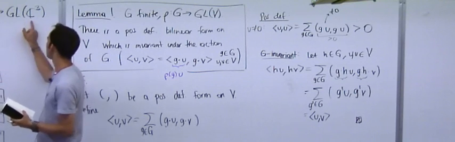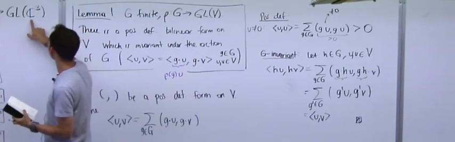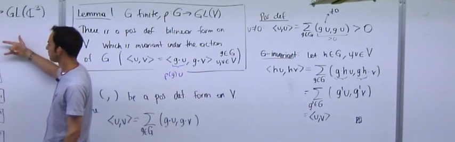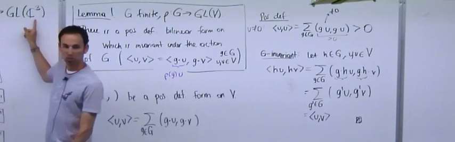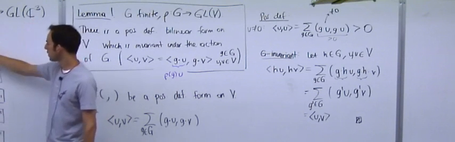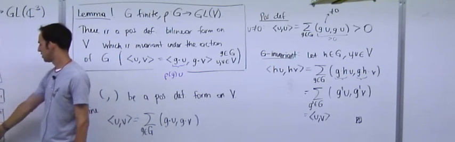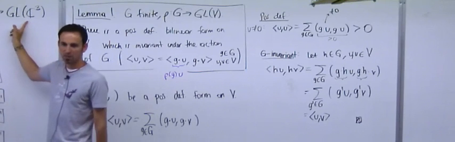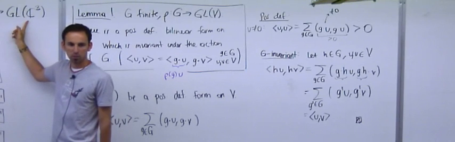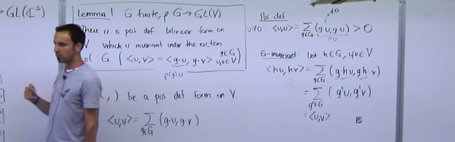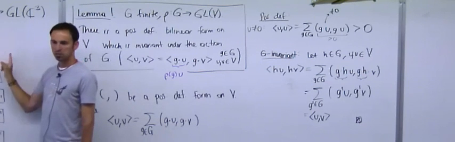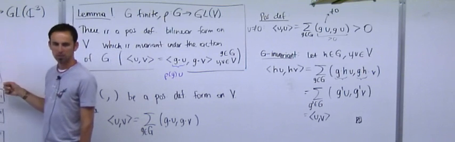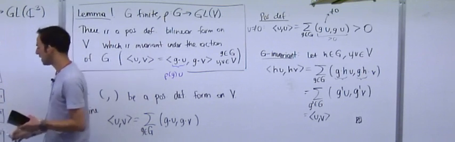We have to figure out if we can find a subspace of C3 so that each one of these group elements fixes that subspace. Okay. Now, what's a subspace of C3? A proper subspace? It's either a line or a plane. Okay. So we either have to find a line such that each one of these guys fixes the line, or a plane such that each one of these guys fixes the plane.